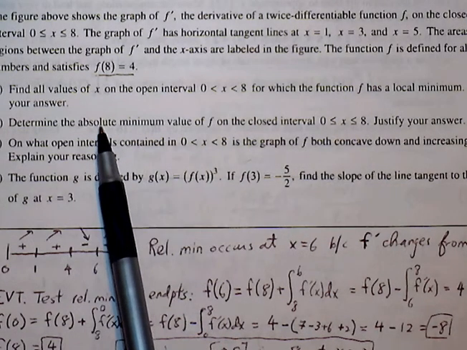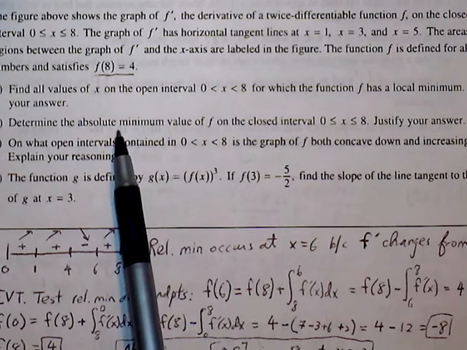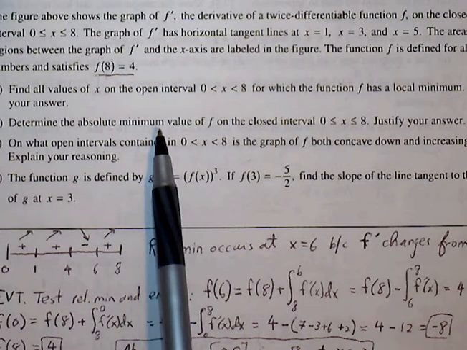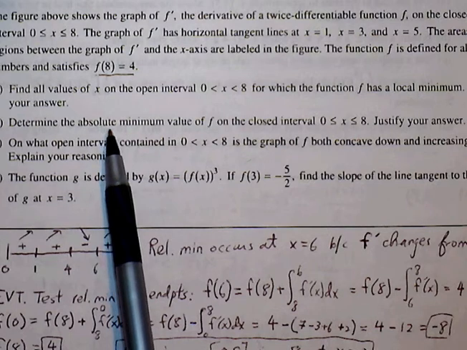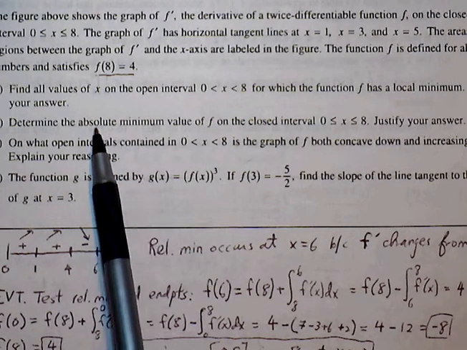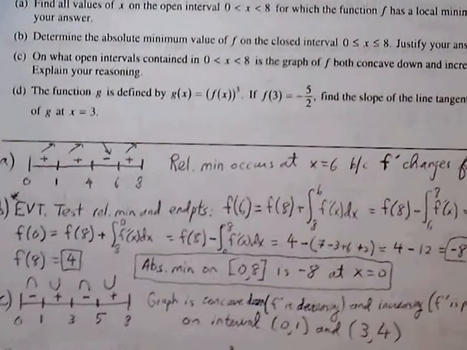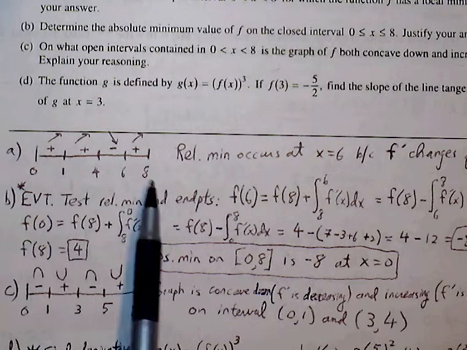There's no need to test the relative maximum because there's no way the relative maximum will ever be the absolute minimum. So we don't have to worry about relative maximum, just relative minimums. So we found from part A that the relative minimum is at 6. So we basically just have to plug 6, 0, and 8 into the original function.